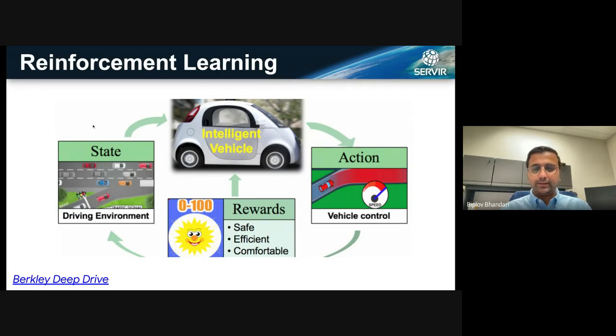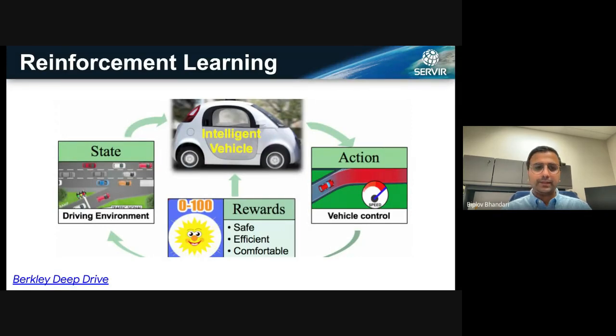The agent is then provided some sort of environment to learn from. In the case of the self-driving car, that would be a driving environment that consists of the traffic signals, other vehicles on the road, the ramp, and all those driving environments that we often see.